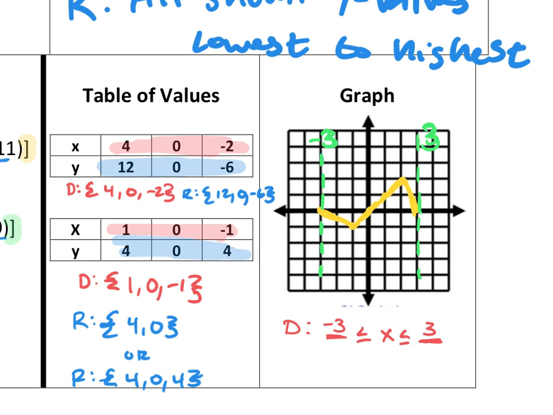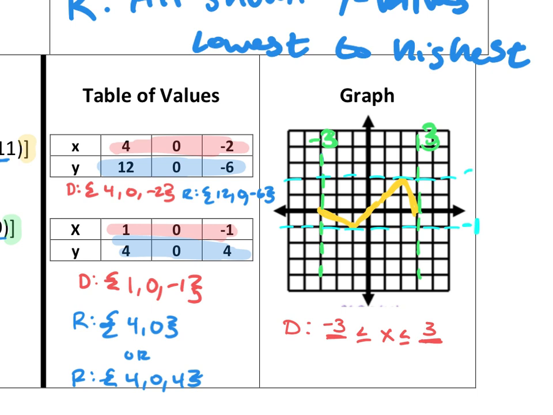All right. Now, similar to that, you would have to do the same thing with your range, but you've got to find your smallest and your biggest. How I'm finding the smallest and the biggest is I just look for the lowest point or the highest point. Well, the lowest point here would be -1.